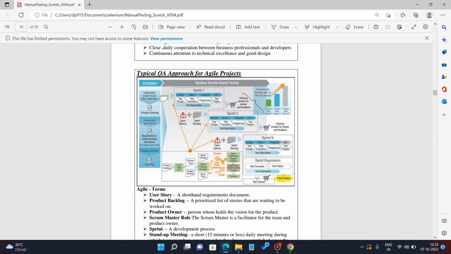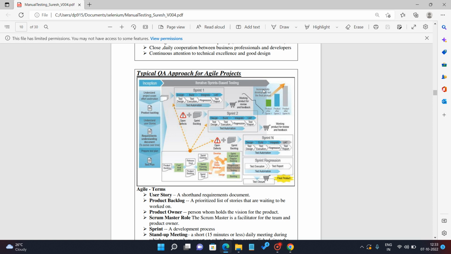You discuss your previous work, what bugs you found, what test cases you found, and whether you need more time or not. Every topic is discussed at that time.